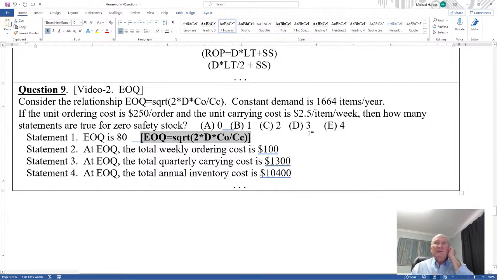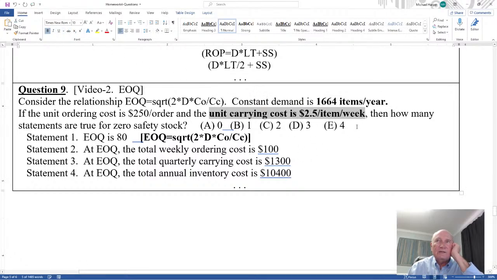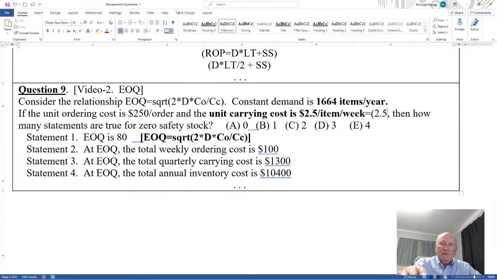Now, again, the units, you got to be careful with the units. This is in years. My carrying cost is in weeks. Okay. And I guess what I would recommend is just this right here. I would keep this in years. And this right here, my carrying cost, unit carrying cost in weeks, I would take 2.5 times 52 weeks in a year.